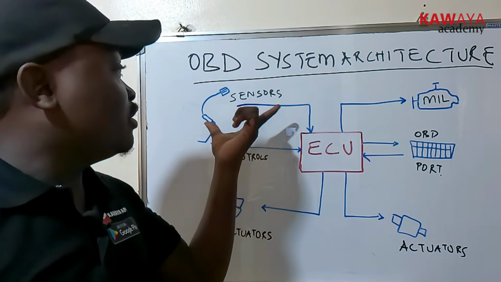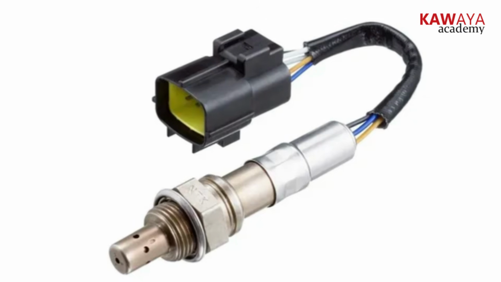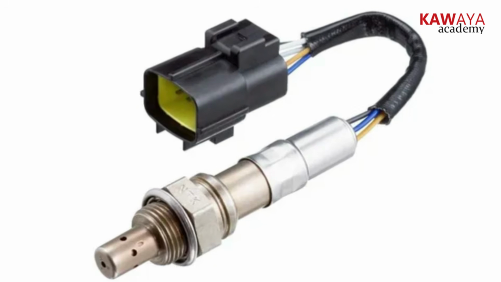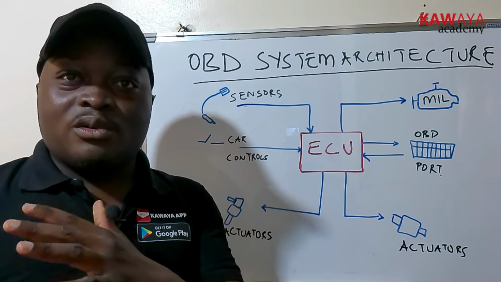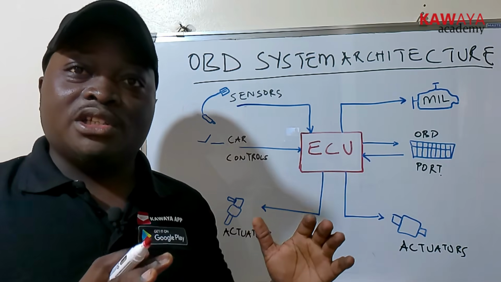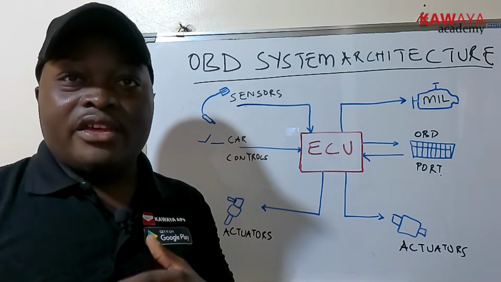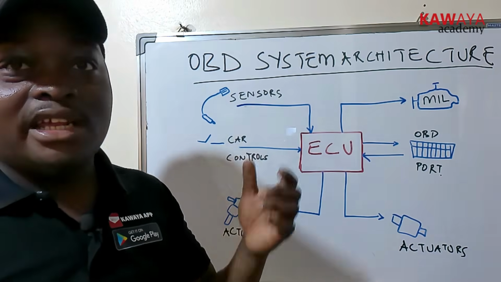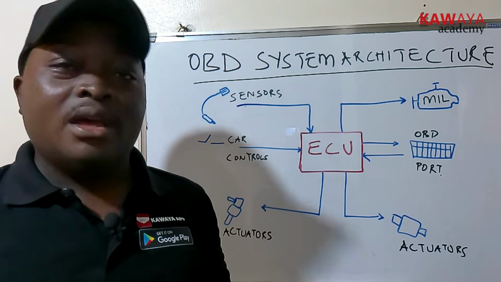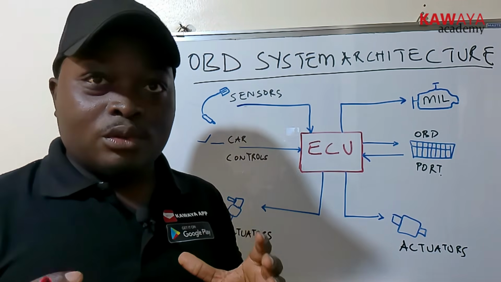We also have sensors. Sensors give signals to the computer. Sensors monitor the vehicle's physical condition and turn this condition into electrical signals, then feed them to the ECU. We can have sensors like the oxygen sensor, the MAP sensor, and so on.